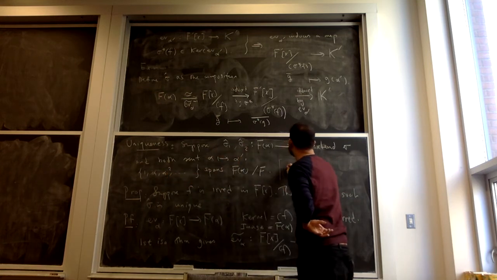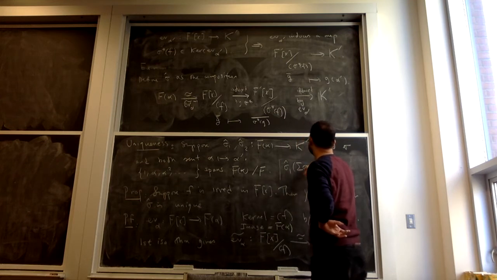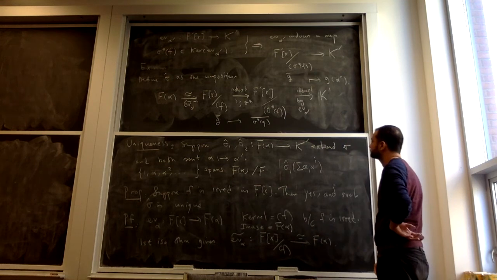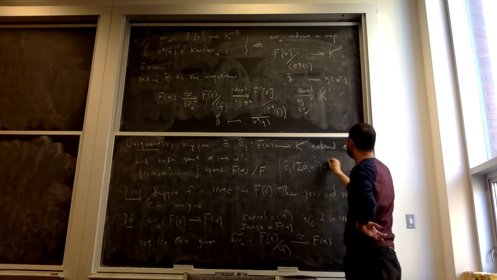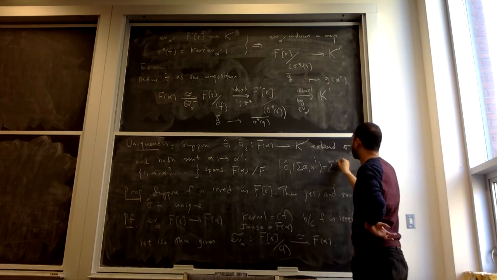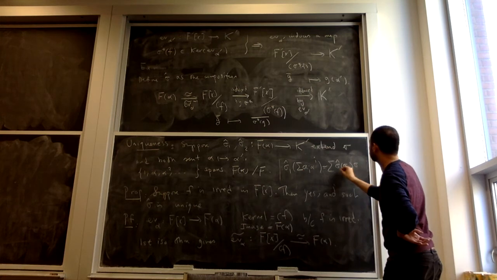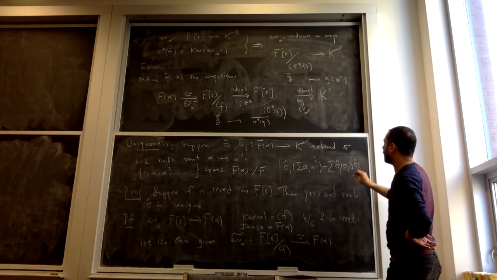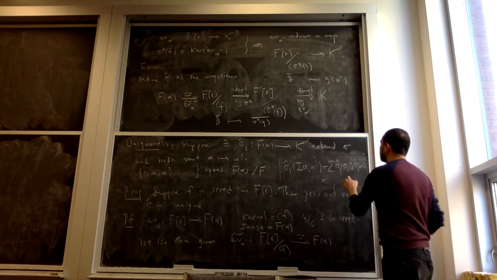So we're going to look at sigma hat 1 of the sum of a_i alpha^i. Well, this is now equal to the sum of sigma hat 1 of a_i times sigma hat 1 of alpha to the power of i.